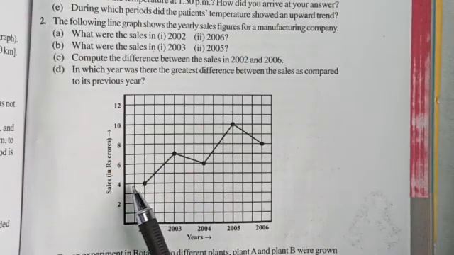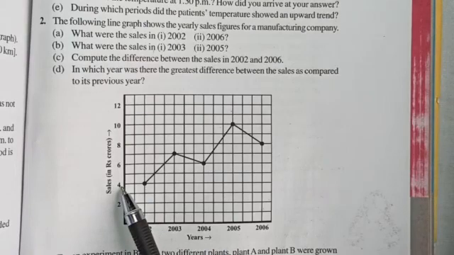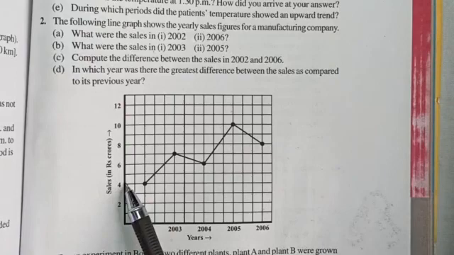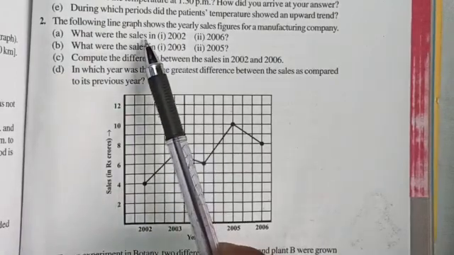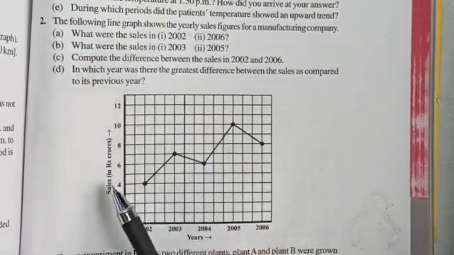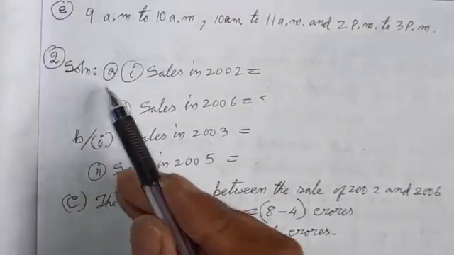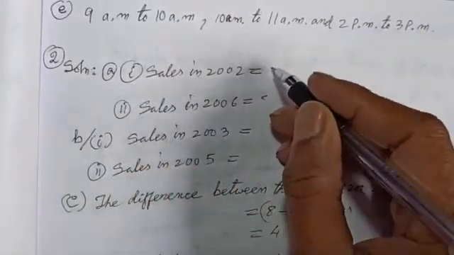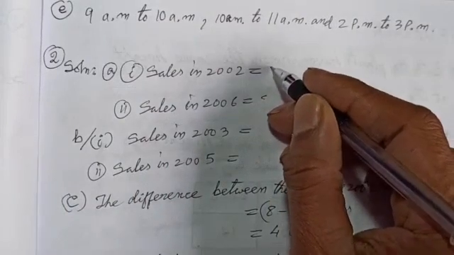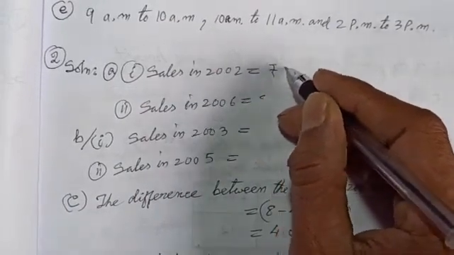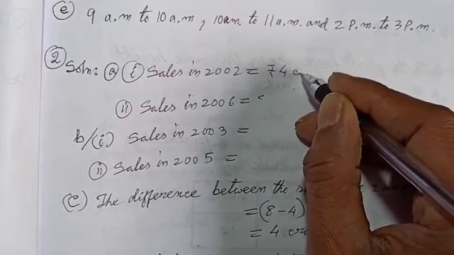So this point coincides with the sales 4 crore. So this is 4. So in 2002 the sales were rupees 4 crore. Question number 2, solution A. (i) Sales in 2002 is equal to rupees 4 crore.